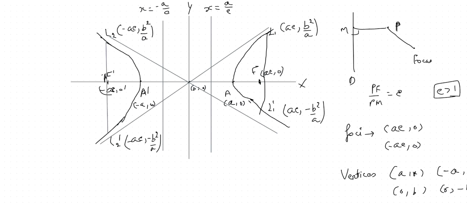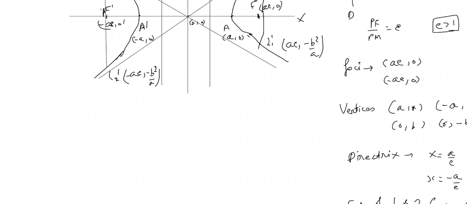Okay, so you first draw the asymptote, then hyperbola. Asymptotes are the lines which are tangent to the curve at infinity. In trigonometry also, you might have studied asymptotes for tan theta, cot theta, secant theta, cosecant theta.